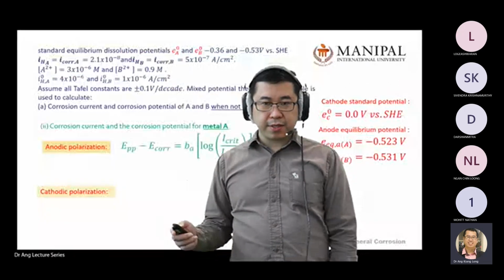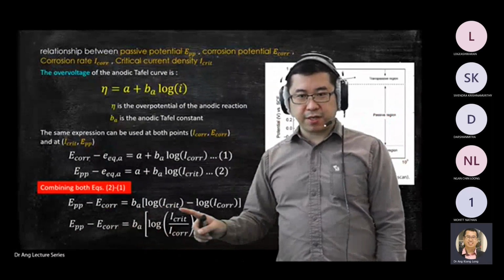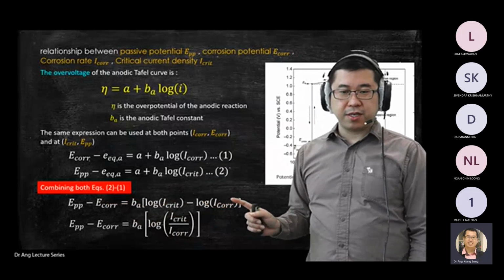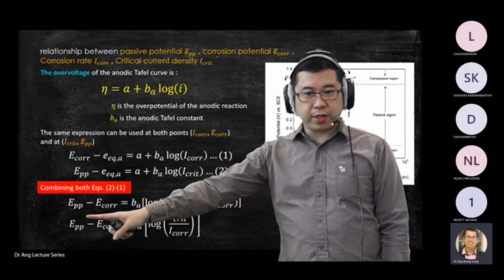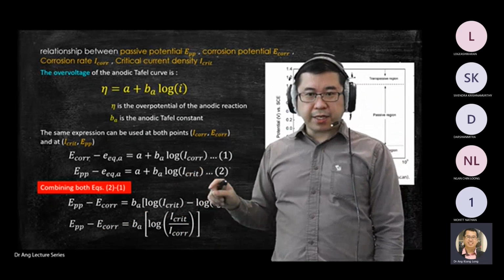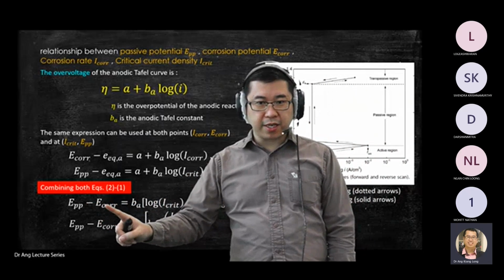Okay. We just play around with the position of the equation here. We didn't change the equation. We didn't do anything about the equation stability. We just change the position because we want to find the E corrosion here.